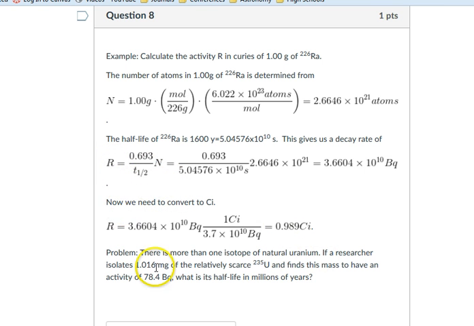And to get the half-life in millions of years, a million years is 10 to the 6th, so you divide by 10 to the 6th. And that's it for problems 5, 6, and 8. Hopefully this helps.